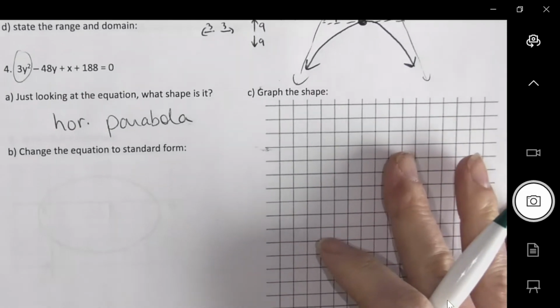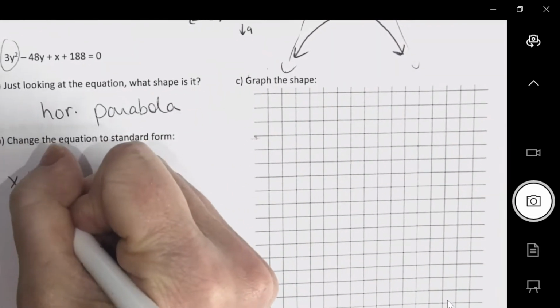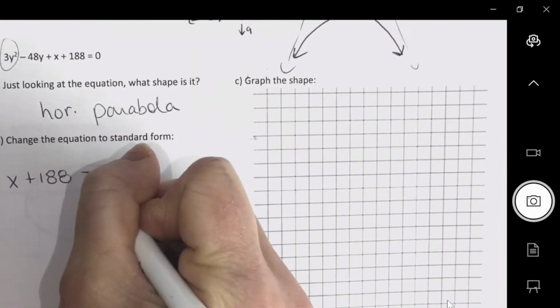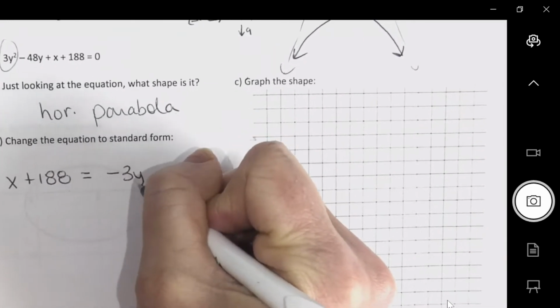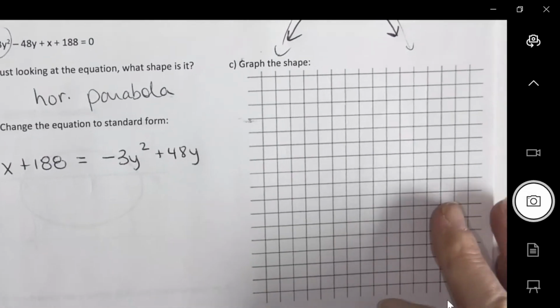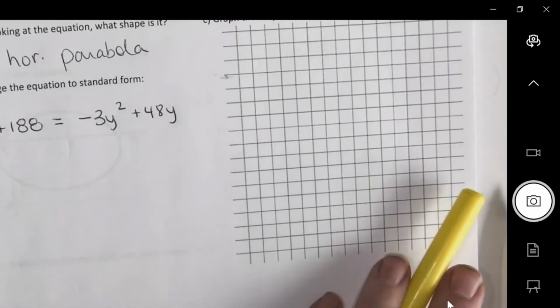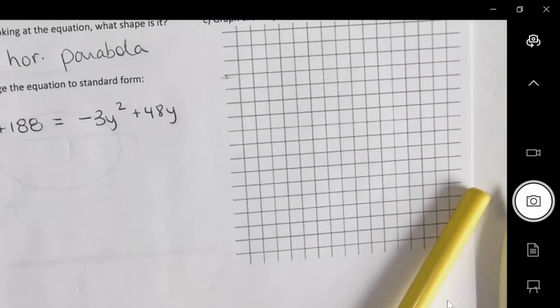Okay, when I do this one, we're going to have to keep x. And then we're going to move all the y units. Keep the x stuff and move all the y units. Your x has to be positive. And then obviously if this was a vertical parabola, then my y would have to be positive.